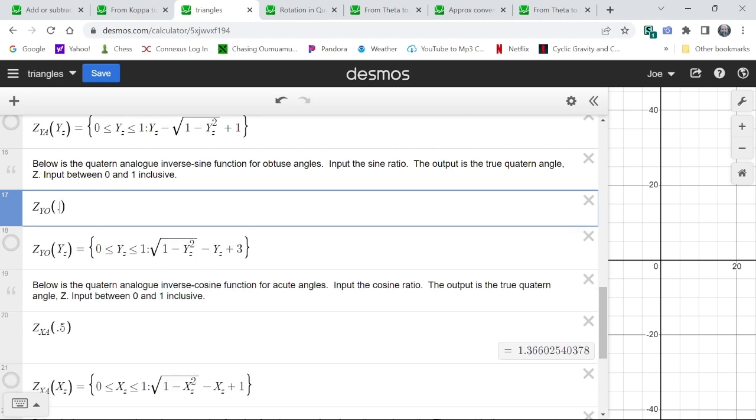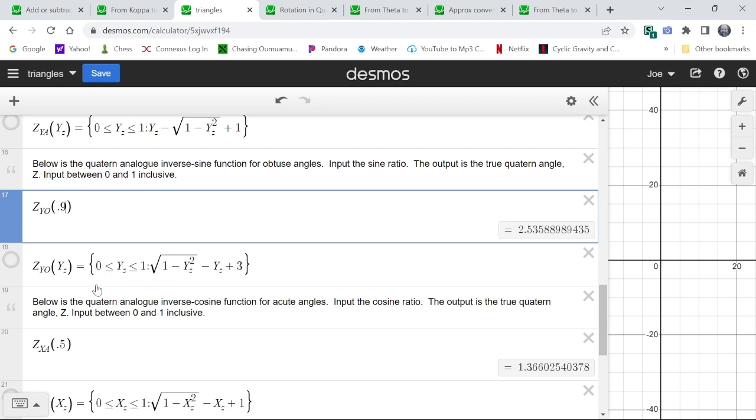If I put in 0.9748, I get a different output for angle C.